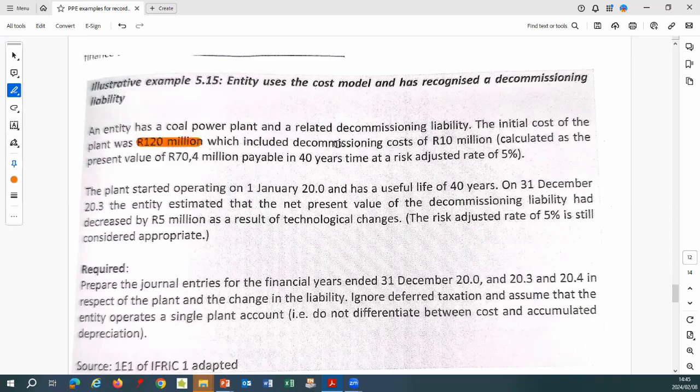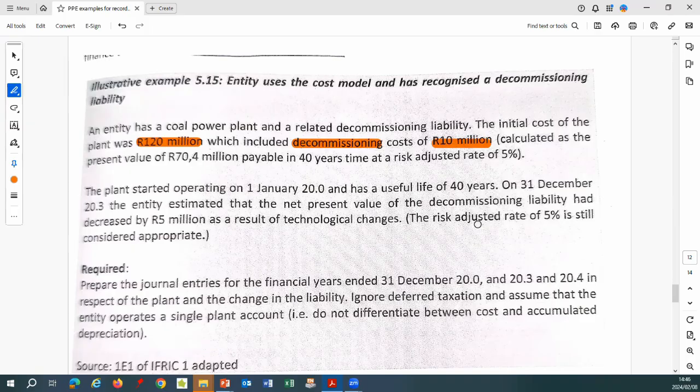That included decommissioning of 10, which was the present value of 70 million that will be payable in 40 years' time, adjusted for risk. So when we've calculated the estimated costs, we've said, what will we pay in the future? What is its present value today? Which is then adjusted according to your risk rate of 5%.